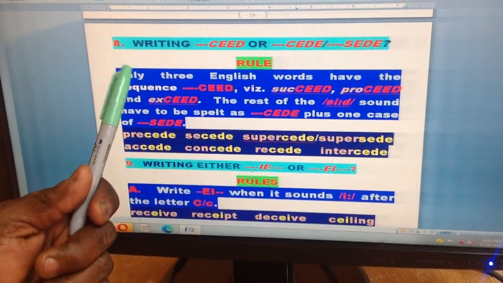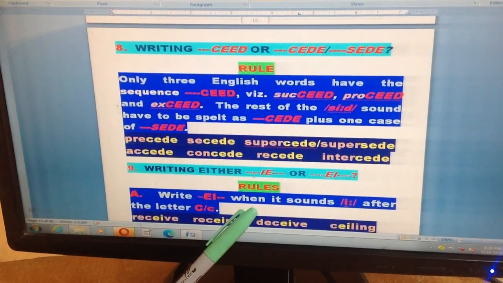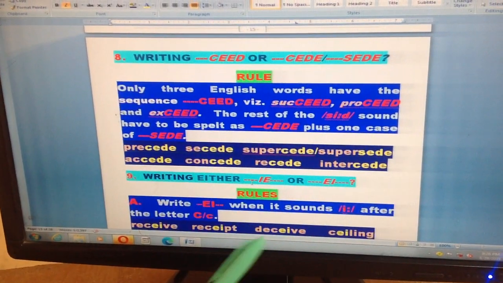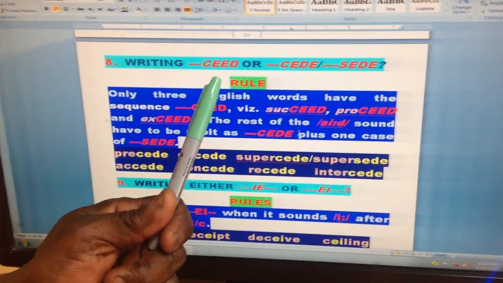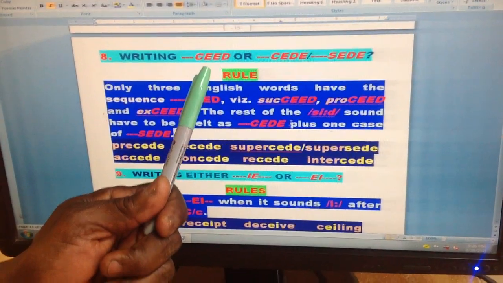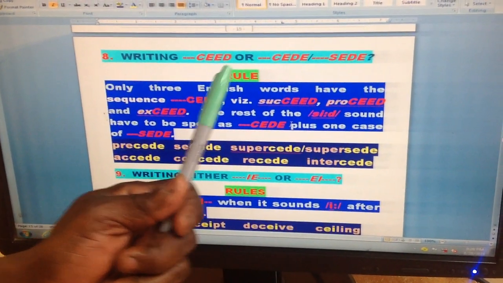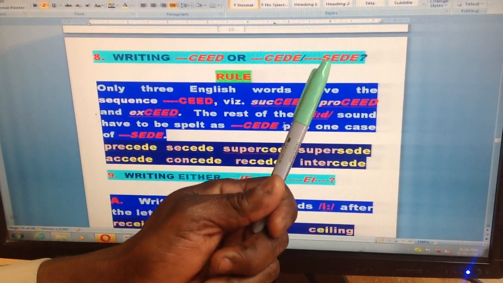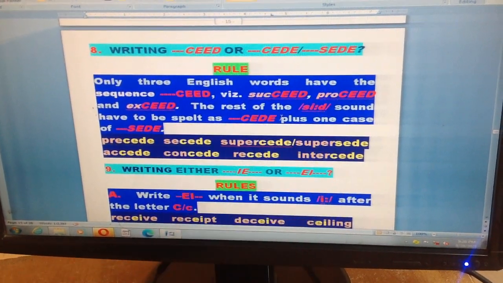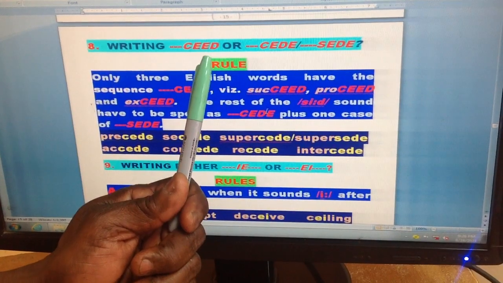Spelling tip number 8. This concerns the sound seed, spelled as C-E-E-D. Allow me to submit that only 3 words. Well, sometimes the sound seed is spelled as C-E-E-D or C-E-D-E, or in one case, S-E-D-E. Now, let's come back to C-E-E-D.